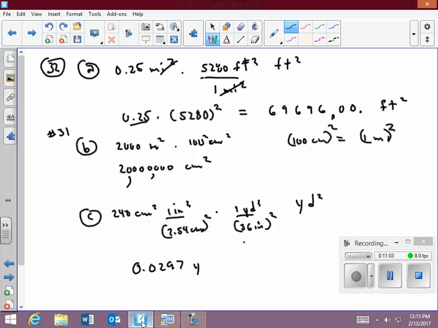And that's yards squared. Just remember that don't just divide it by like 2.54 and 36, but you got to square those things. All right.